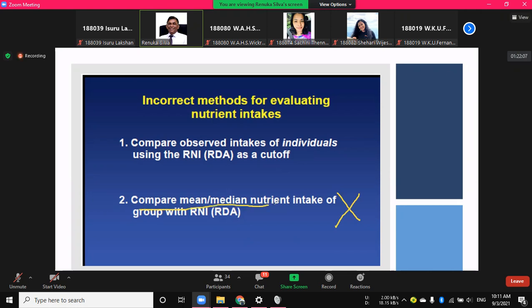Group mean nutrient intake with RNI is wrong. But you can compare observed intake of individuals with RNI. So always individual values should be compared with RNI. Group values should not be compared with RNI.